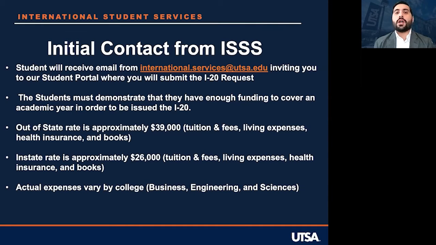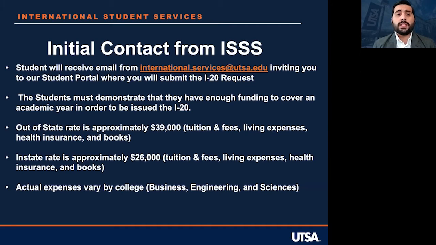For the initial contact from ISSS, you will receive an email invitation from international.services@utsa.edu. This is going to be an invitation to our new student portal powered by Terra Dotta, in which you will enter the information and upload the documentation needed in order for us to process your SEVIS number that will be part of your I-20.